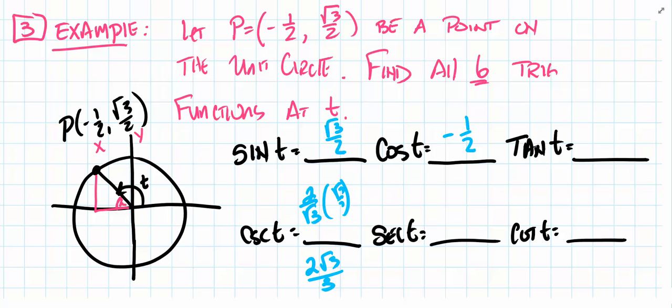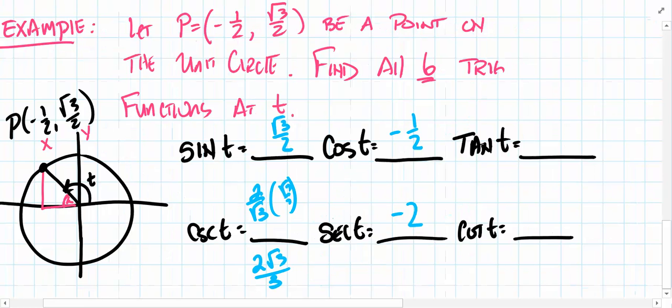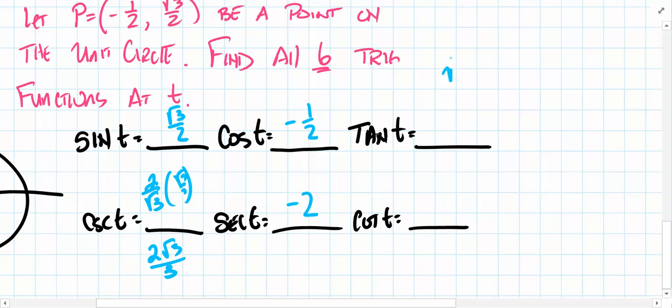Okay, how do I get tangent out of this? It's y over x, so it's sine over cosine. Okay, if you don't know, just literally put the sine, rad 3 over 2, divided by the cosine, negative 1/2, and then simplify that. What's that going to be? Negative rad 3. There you go, negative rad 3.